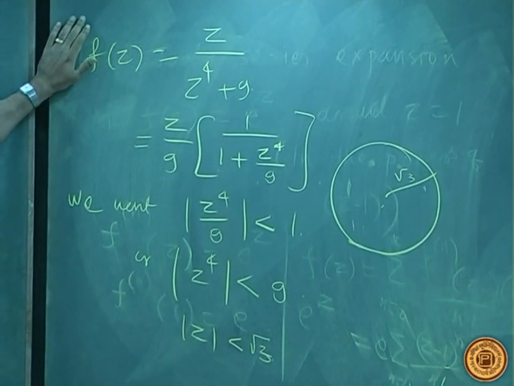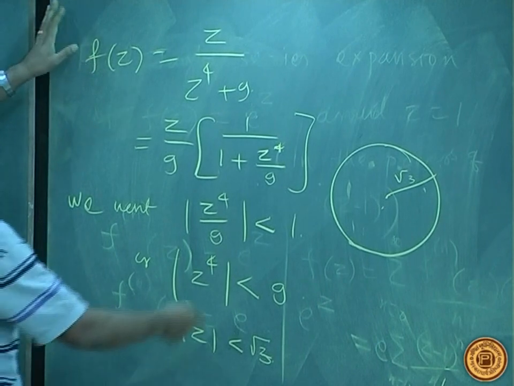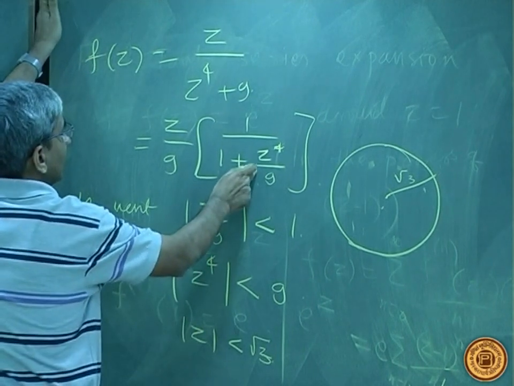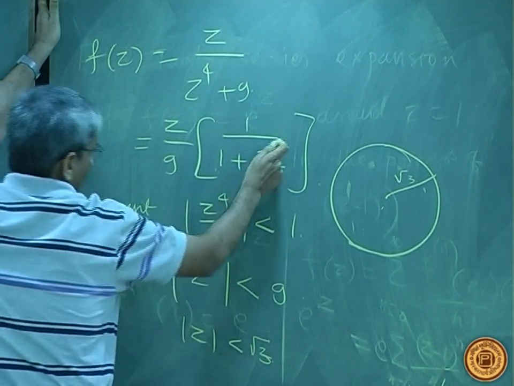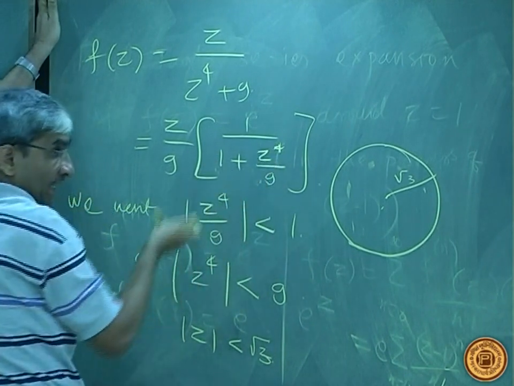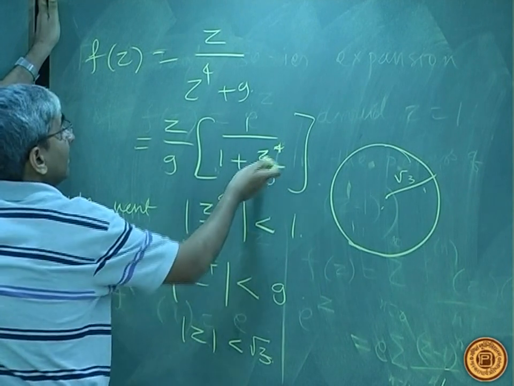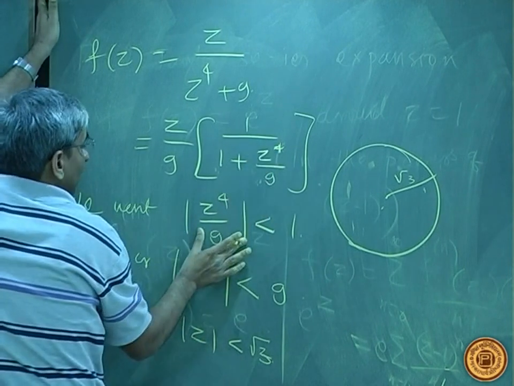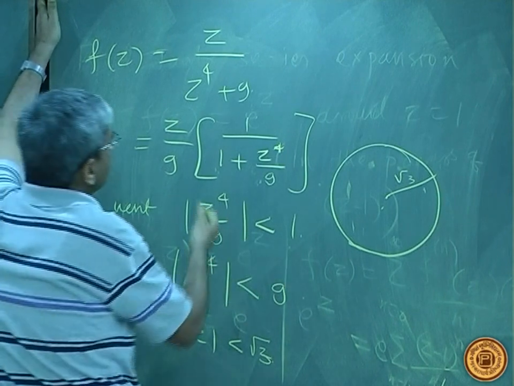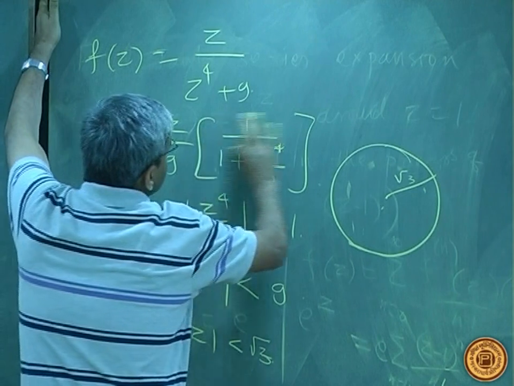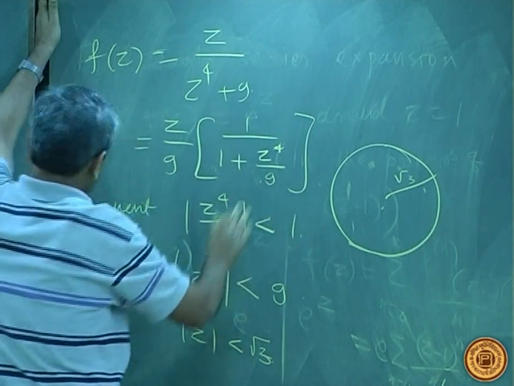Okay. Now how to find it? Now it is easy because you just use the Taylor series expansion of 1 over 1 plus z, where your z is now z to the power 4 by 9, but you have already taken care to see that this quantity has absolute value less than 1. So now it is just z by 9 and you can write the series expansion of 1 over 1 plus z, which is given here.